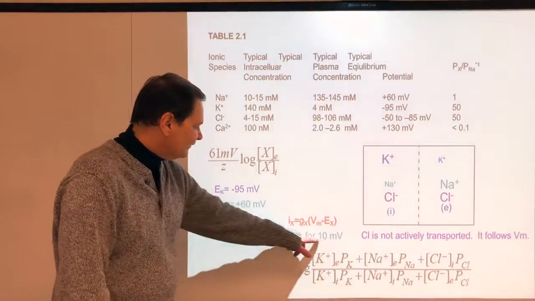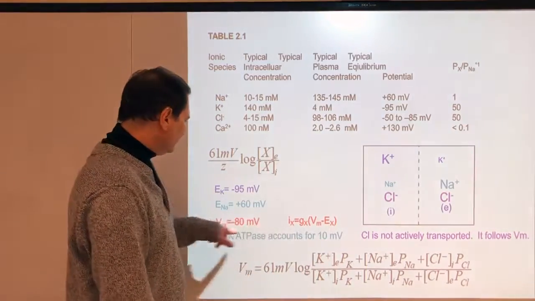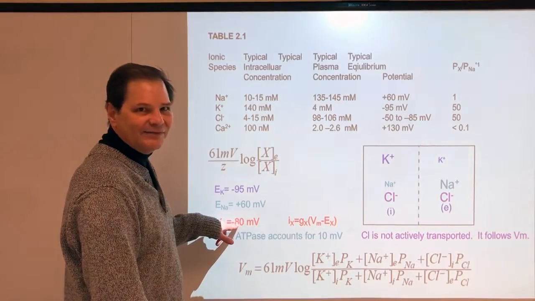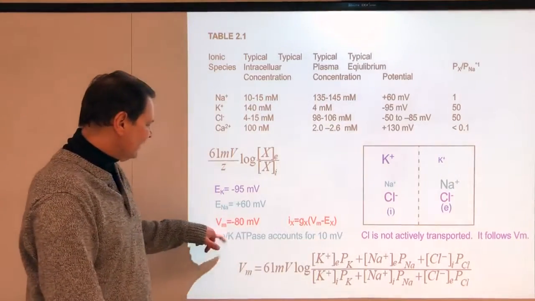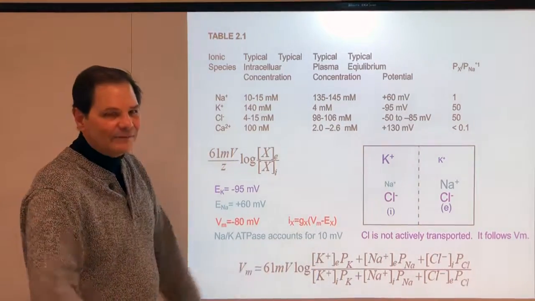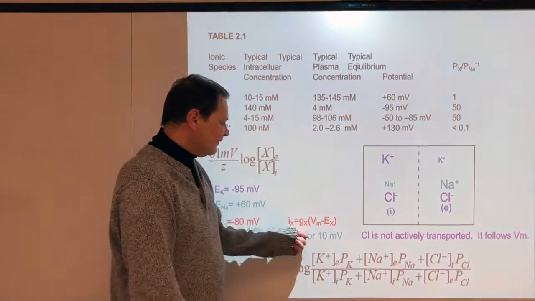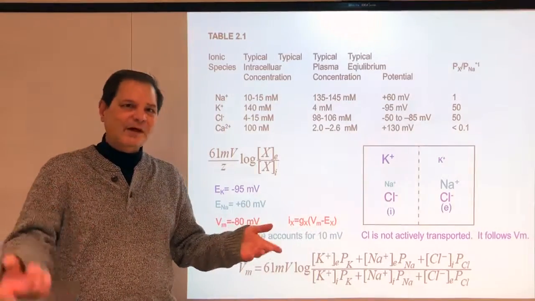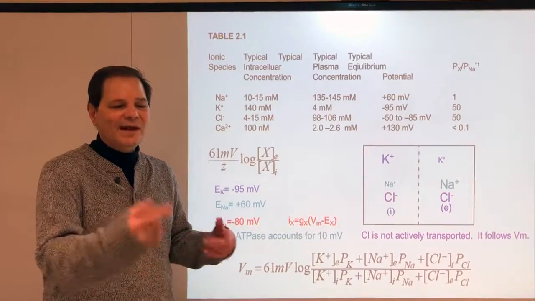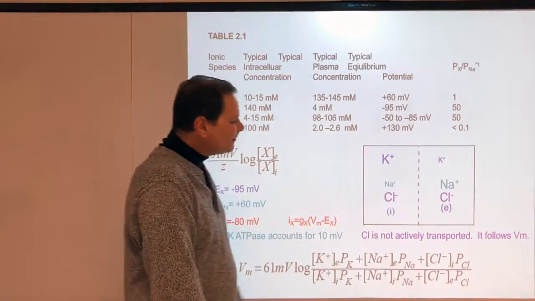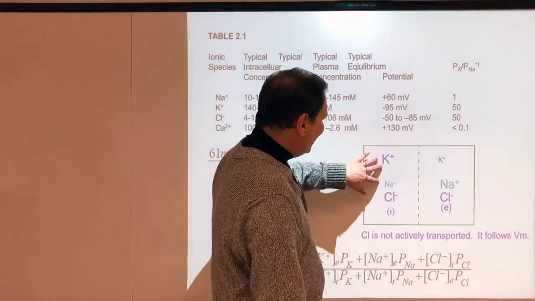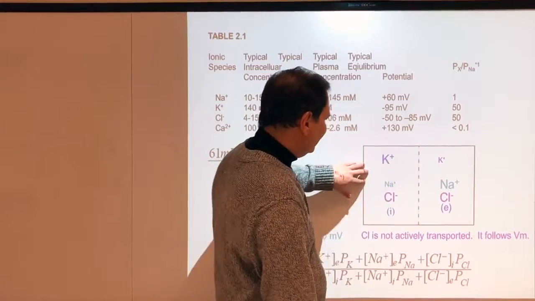It actually generates a voltage as well, about 10 millivolts, which is why this minus 80 isn't minus 90. If you account for the sodium-potassium ATPase and its transport, this becomes minus 90, just for the record. You're transporting 3 sodiums out for 2 in, so you're transporting a net positive charge out, and that lowers this number a little bit. Anyway, that pump maintains these gradients.